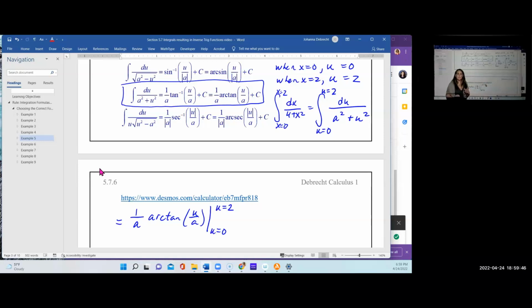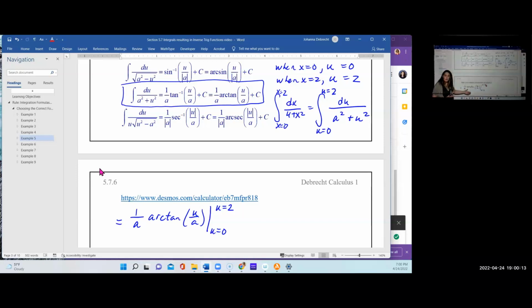Now, some students get confused here. In the indefinite integral, when we were looking for an antiderivative function, we then back substituted to go back to x, because the original integral had the differential dx, meaning the variable was x. We needed to write the antiderivative function in terms of x.